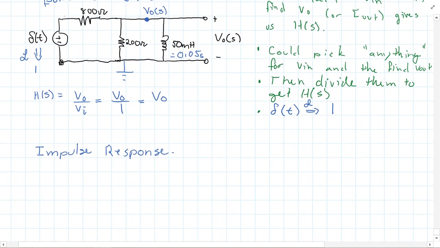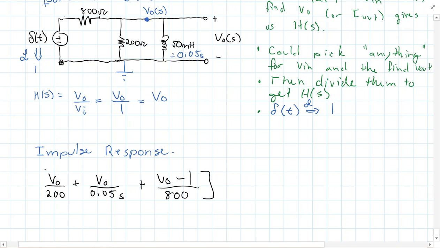So if we do that here, the nodal equation isn't really anything different. We're going to have V out over 200 plus V out over 0.05 S plus V out minus 1 over 800, and that's equal to 0.